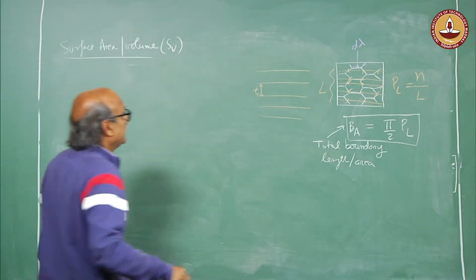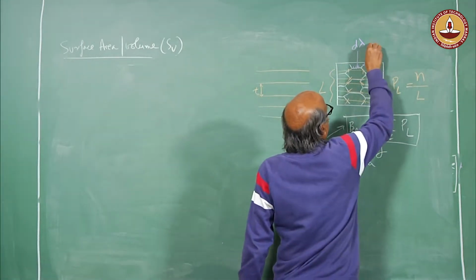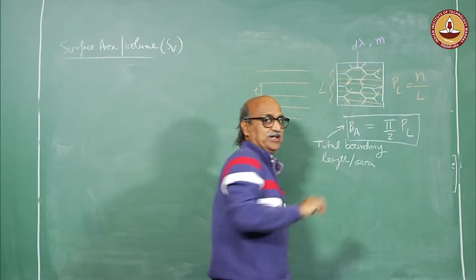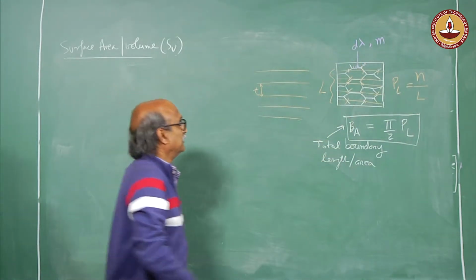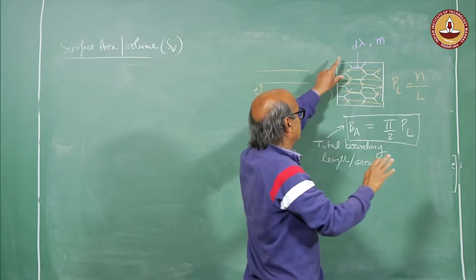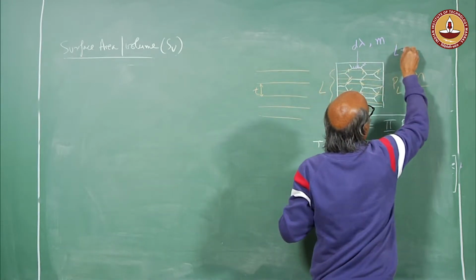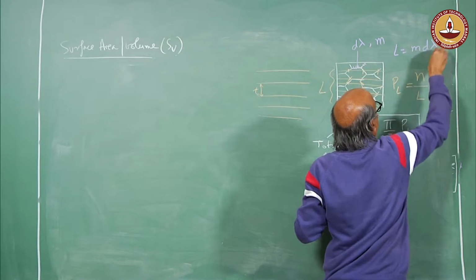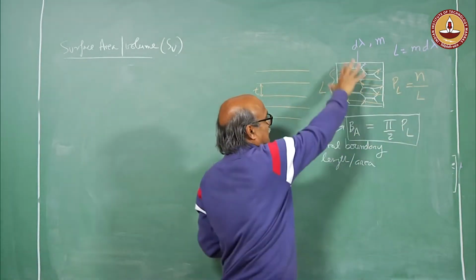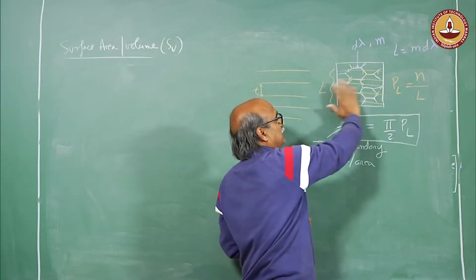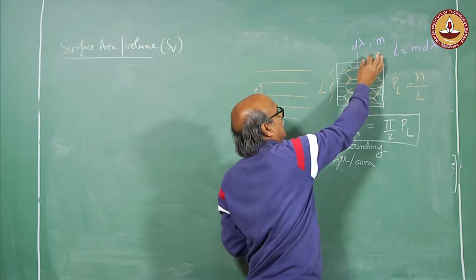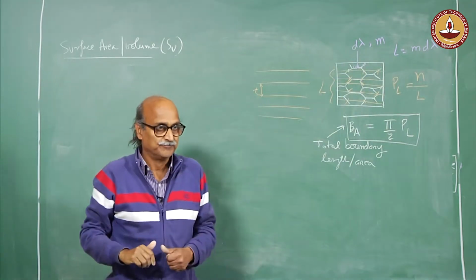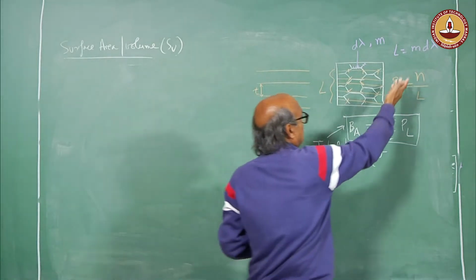And let there be a total of m such elements. Then the total length of grain boundaries inside this would be m times d lambda. This is the way I have just subdivided the entire network of boundaries into these small elements. So, m times d lambda is clearly the total length.